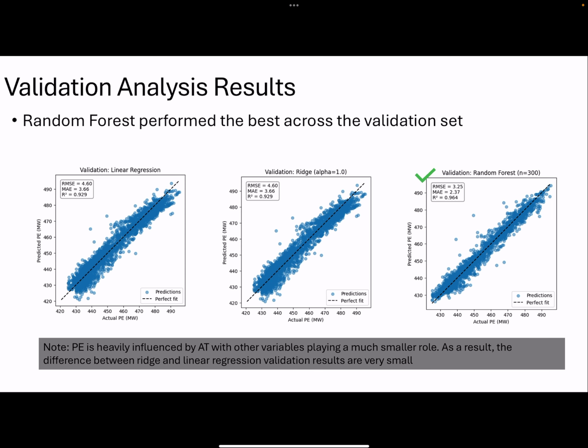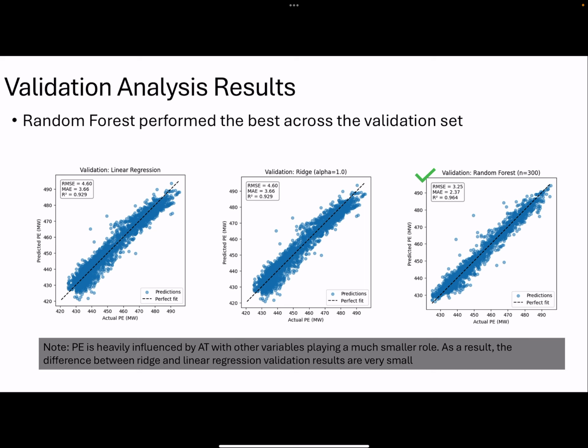And here's the validation analysis results. So as I mentioned in the summary slide, the random forest performed the best across the validation set, and that's indicated by the green check. You can see that the root mean squared error, the mean absolute error, and the R squared have all come in better on the validation set than what we saw in linear and ridge.